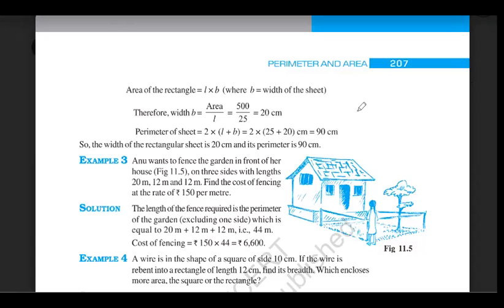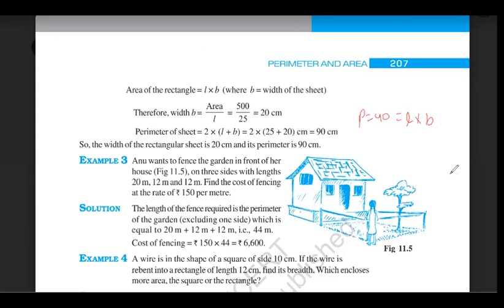Perimeter is 40. Now this should be the same perimeter, and if it is rebent in a rectangle, then this should be length into breadth. Got it?